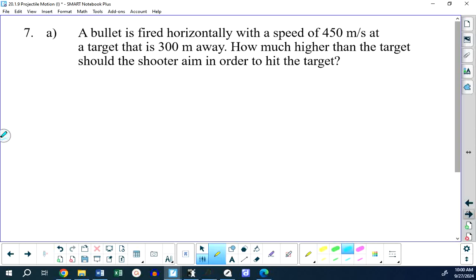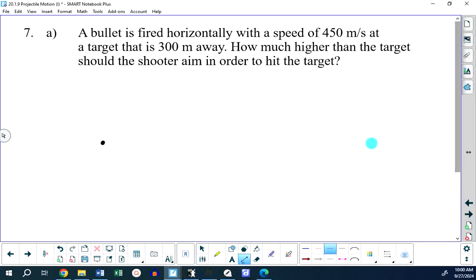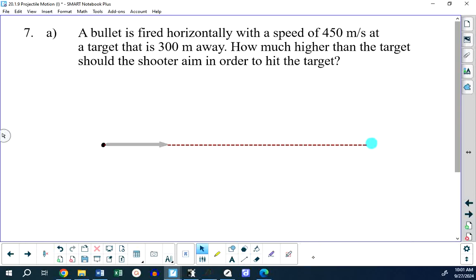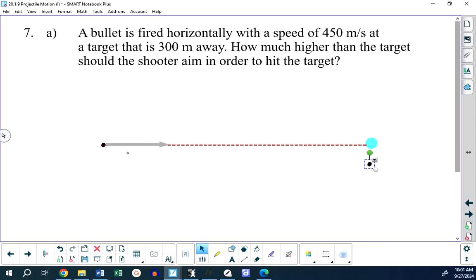So if the center of the target is here, and you take the bullet and you fire it in line with this, with a particular velocity, you are going to miss the target. Because the bullet will end up falling.